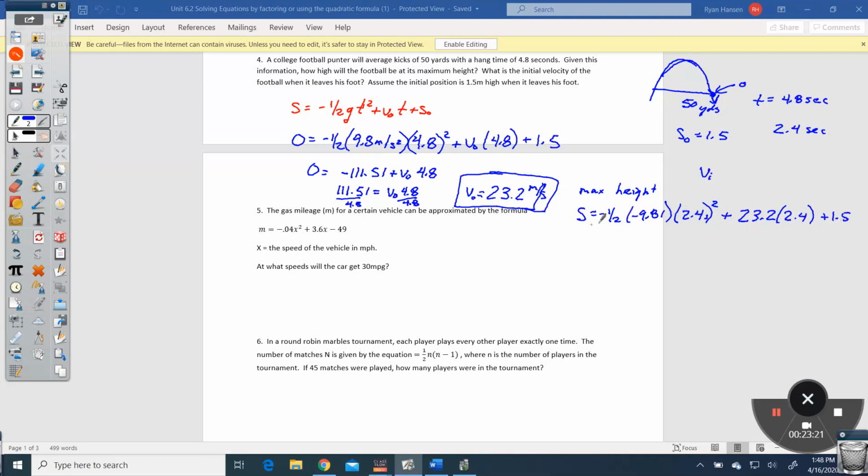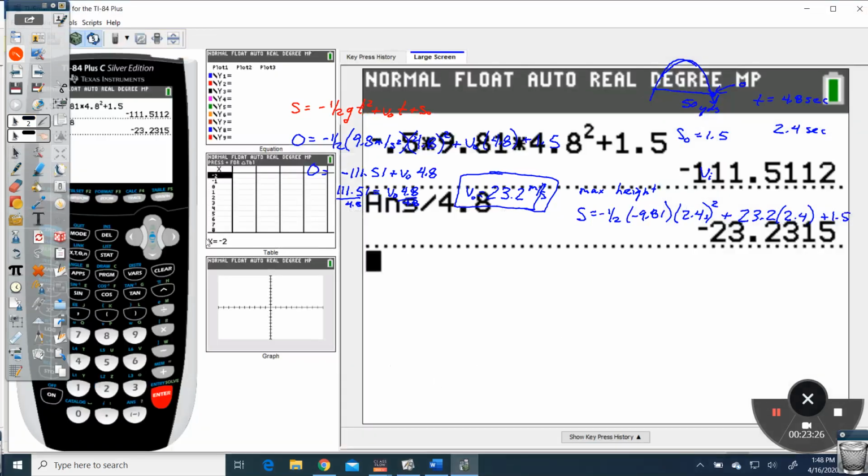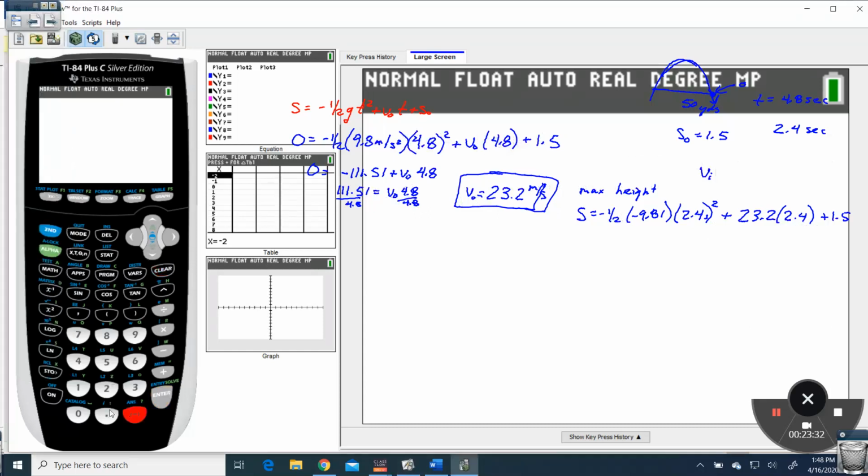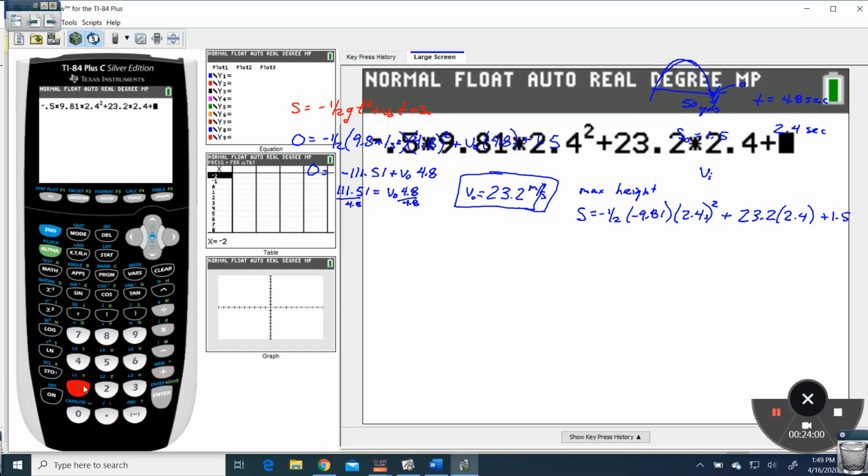So now I can just plug this whole thing into the calculator. I'm going to go back to my calculator and type in this stuff right here. So negative 0.5 times, whoops, not negative 9.81, times 9.81. That negative shouldn't be there. Times 2.4 squared, plus 23.2 times 2.4, plus 1.5.